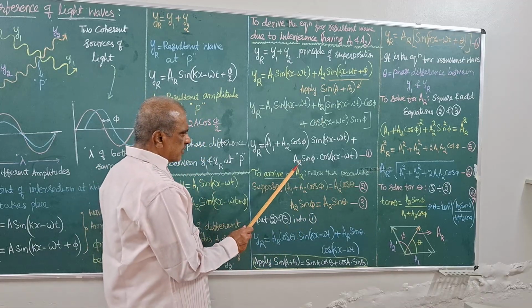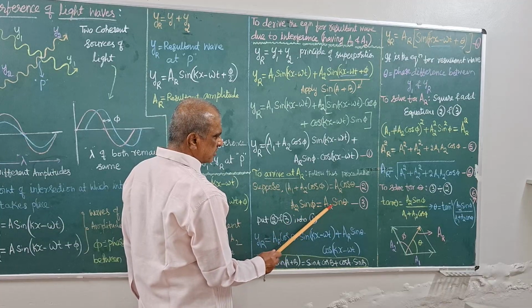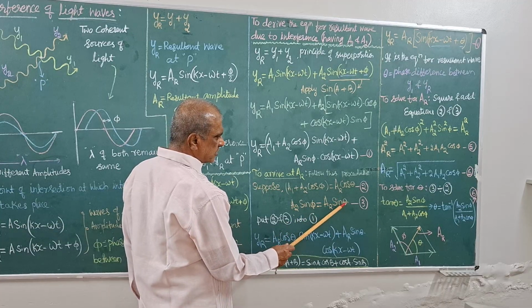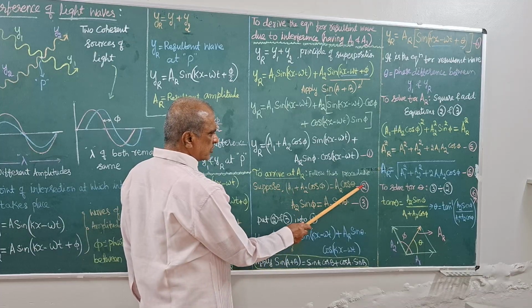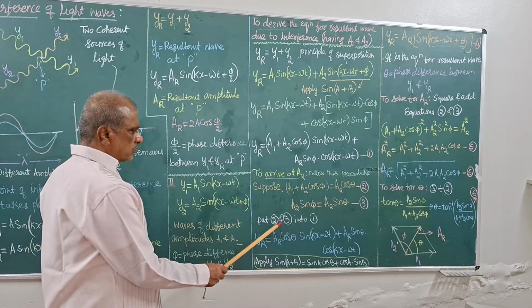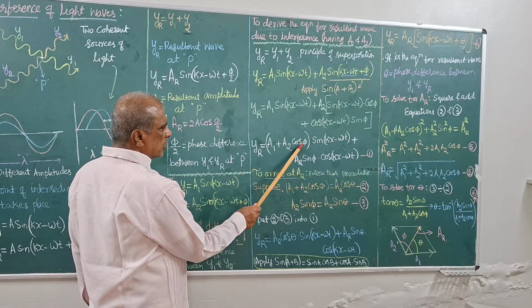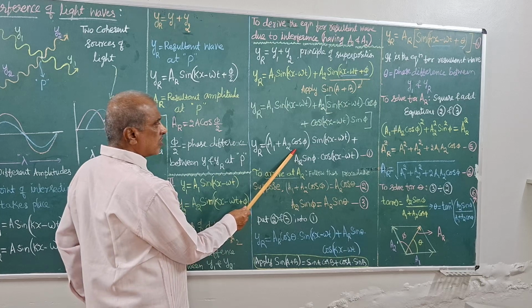Similarly, we can write A2 sin phi equals AR sin theta. Again, the same thing. Let us call these equation 2 and equation 3. Put them into equation 1. Let us put this in and solve afterwards.